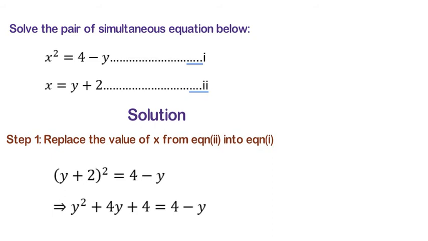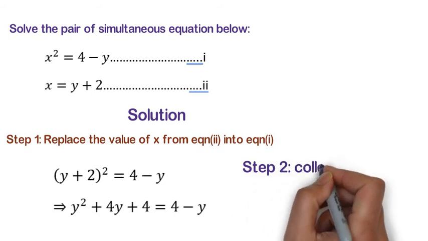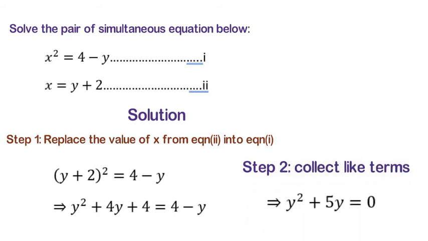which will give us y² + 4y + 4 = 4 − y. Step 2. Collect like terms, we have y² + 5y = 0. Here we can notice that it must not be that y is made the subject formula before substituting the value and solving in terms of x. x can also be made the subject formula and be substituted to solve in terms of y.